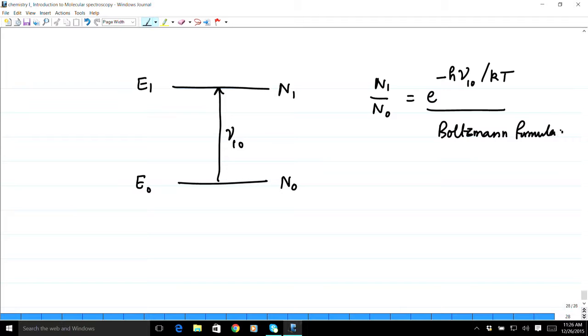Shall keep that in mind. Now let us assume that this is all in equilibrium in the presence of radiation. So there is thermal equilibrium. Thermal equilibrium means that the rate of change of N0 due to absorption of radiation and its excitement to reach the level N1, E1, is the same as the rate of change of N1 to become N0.